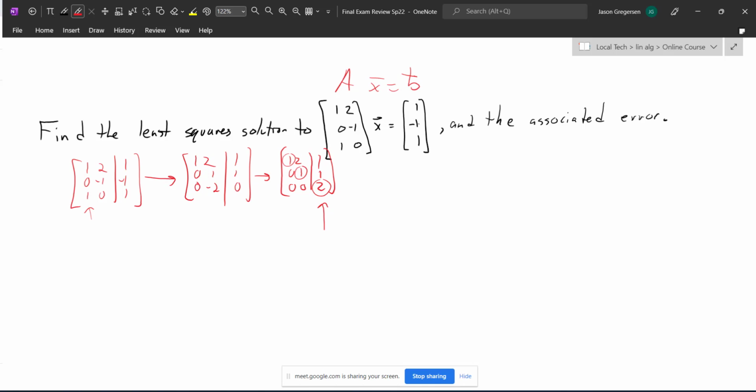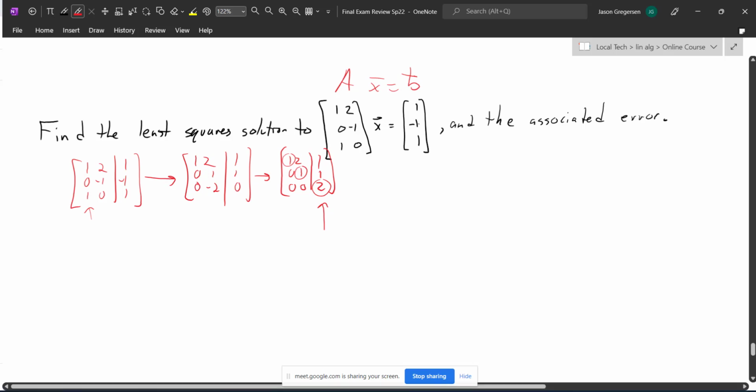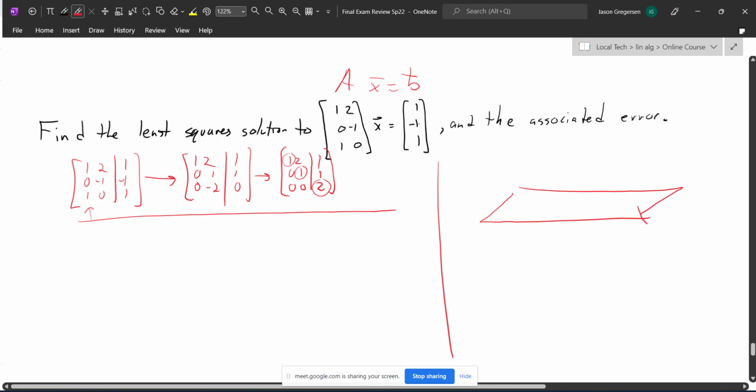And normally in chapter 1, we would just be done. We would say there are no solutions. But now in chapter 6, we can say, well, since there are no solutions, let's find the next best thing. Let's find the best approximate solution. Okay? And the concept is this. If I thought of the column space as a vector space, a subspace, I know that the vector B is not in the column space because there's no solution.